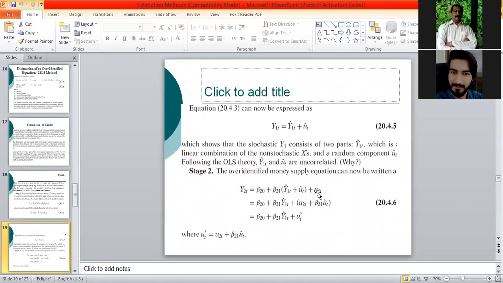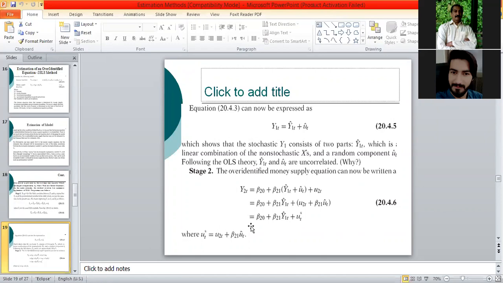So you can estimate this equation by applying OLS. This is the application of least squares at the second stage.